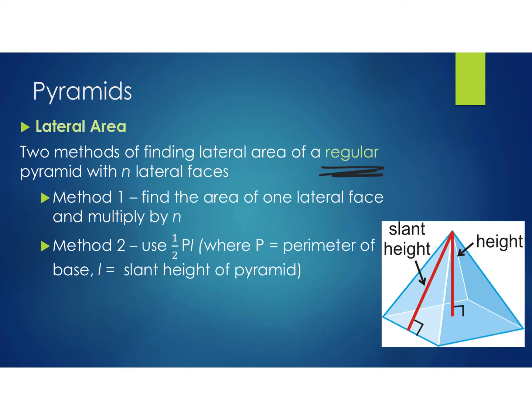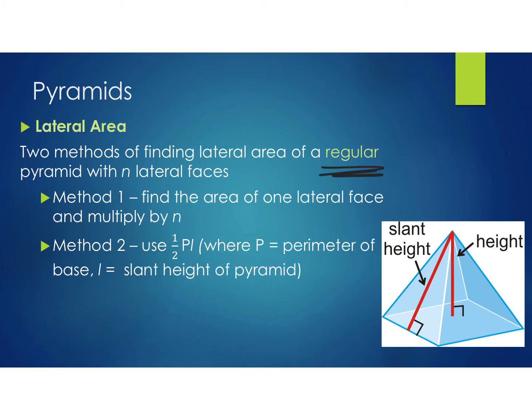I've got the actual height of the pyramid, which goes from the vertex down to the center of the polygon base, or the pyramid base. And then I've got the slant height that runs along the side of the triangle. That's going to be the height that we use for the lateral area. If I were calculating volume, then I'd actually need that height that goes through the middle.